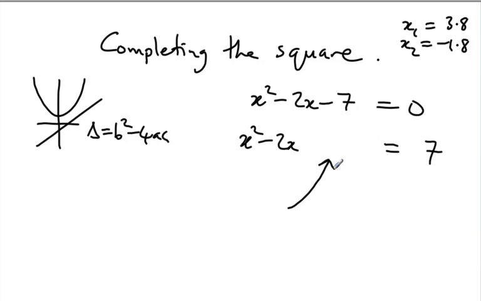A perfect square is some expression squared. x squared minus 2x, what do we put in here to make x squared minus 2x plus something factorize into x plus a, all squared? In other words, we want our next line to be this. We want x squared minus 2x, and whatever we add needs to be able to be factorized into this. That is what completing the square is.